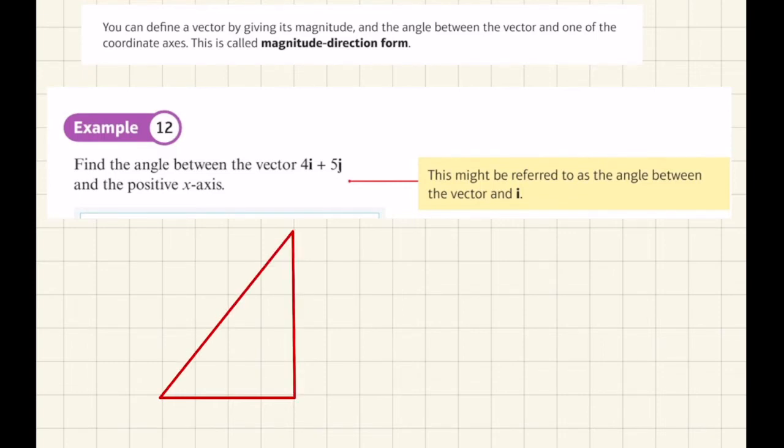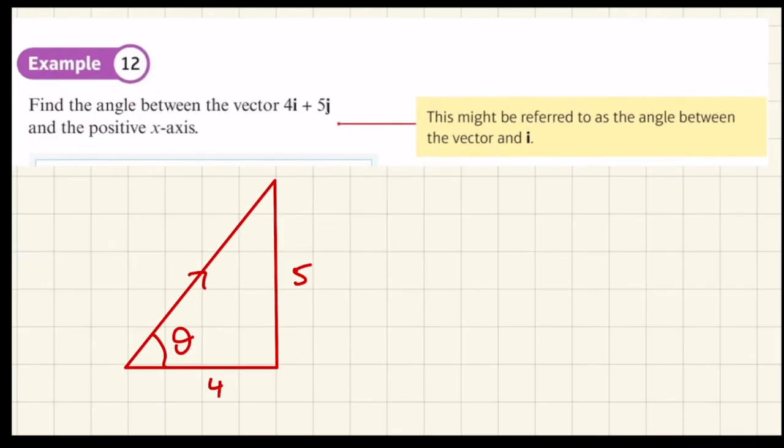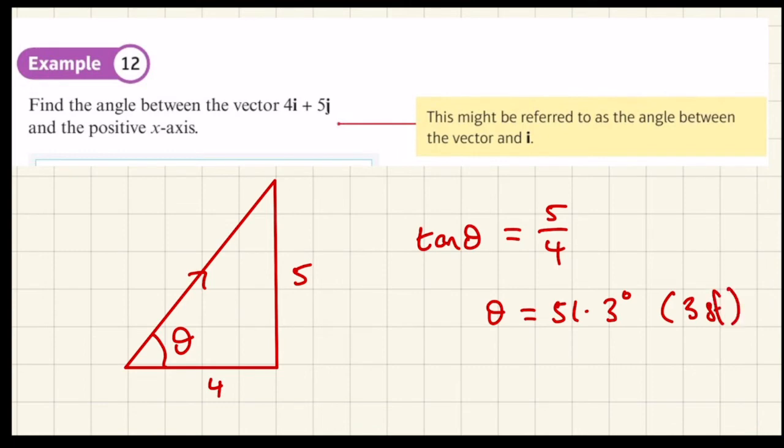So the angle that we're looking for is shown as theta here. In order to find this, I'd use some basic trigonometry. tan theta equals 5/4. So theta would equal 51.3 degrees to 3 significant figures.